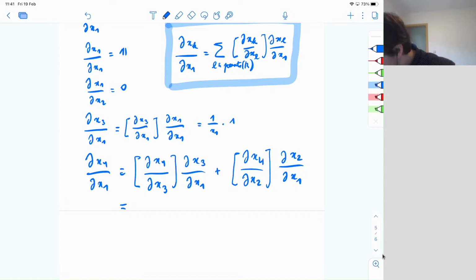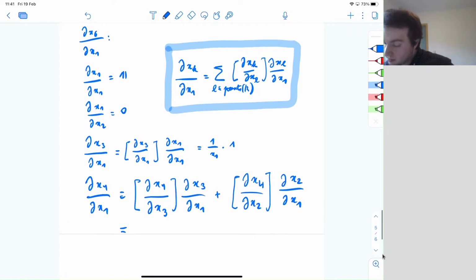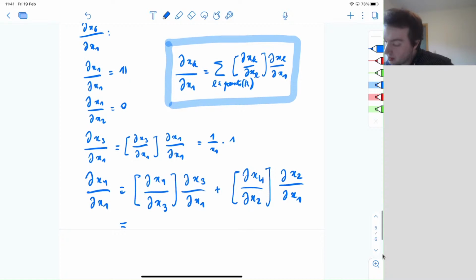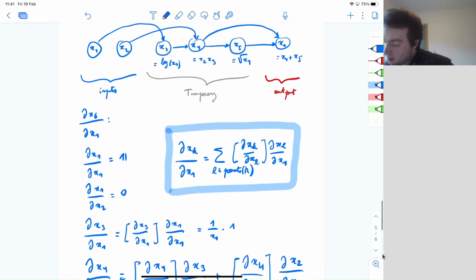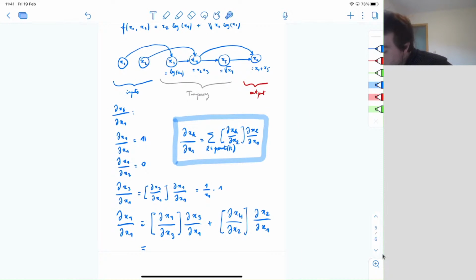And that is equal to, so what we want is the derivative of this product with respect to x3, which is x2. Right?